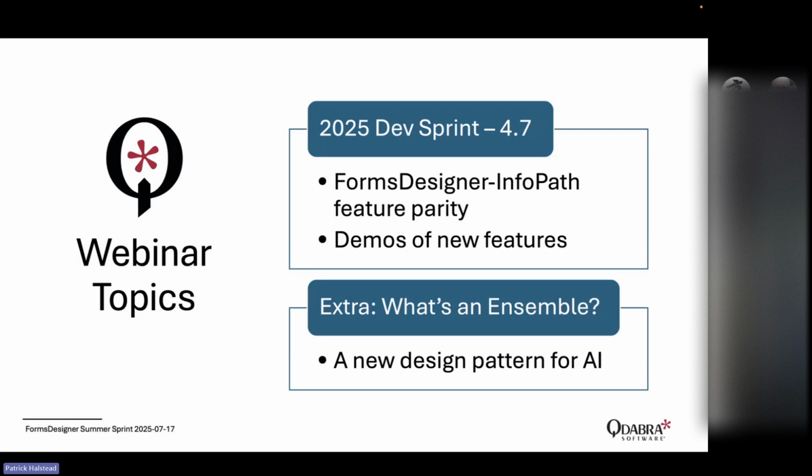So we're talking today about the next release of FormsDesigner. This is our final release in this summer cycle to reach the end zone of feature parity with InfoPath, and it's 4.7 now.